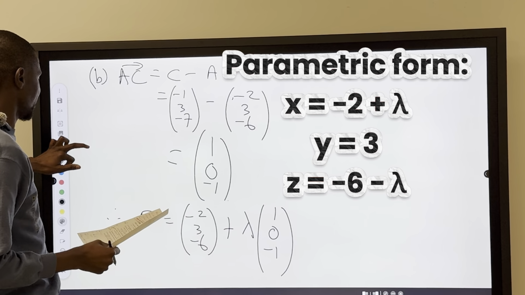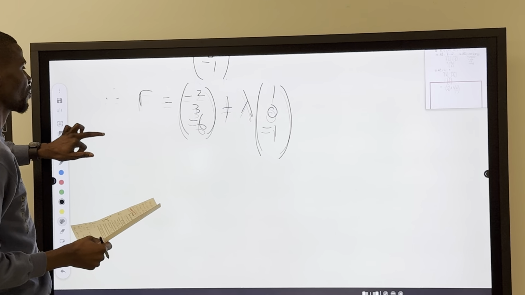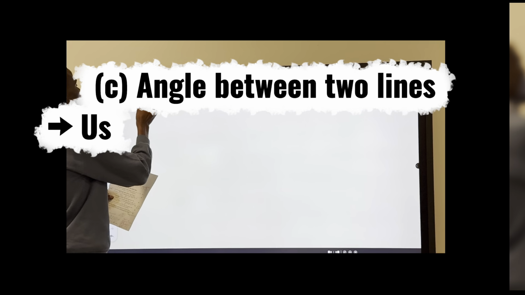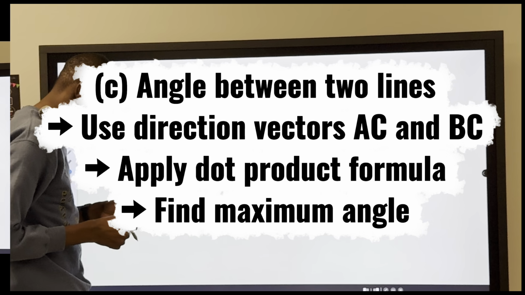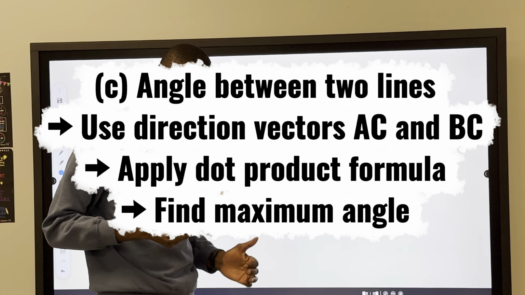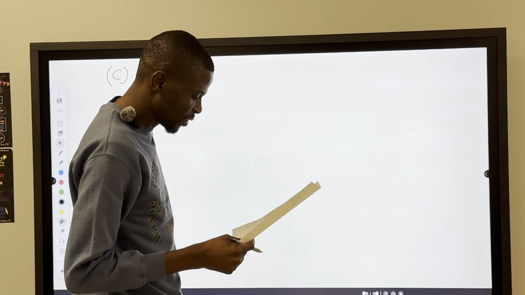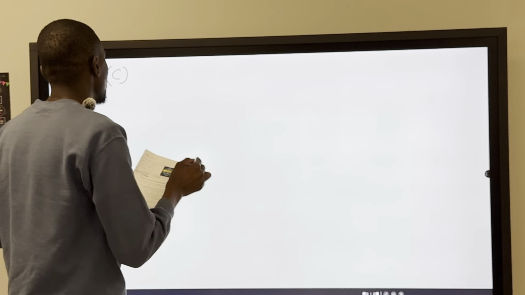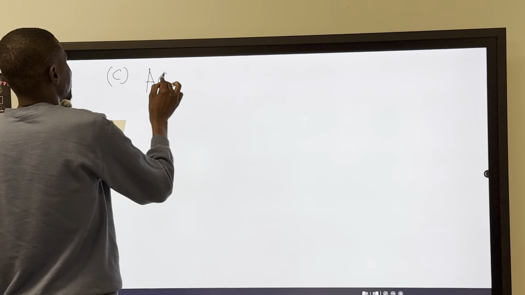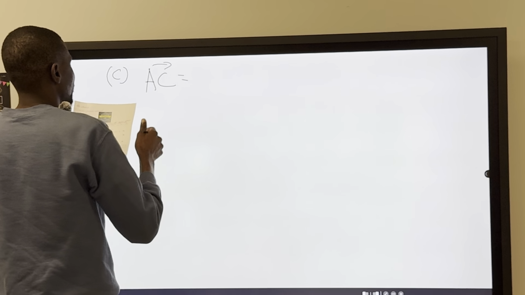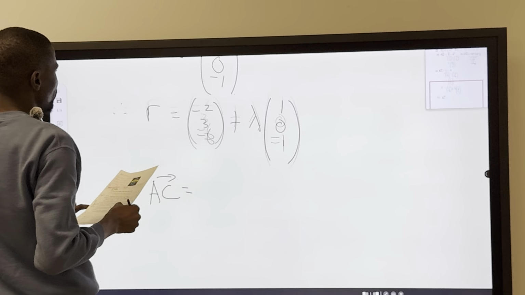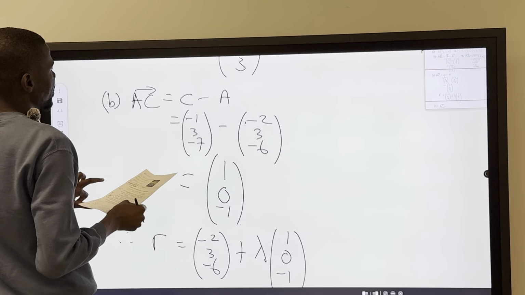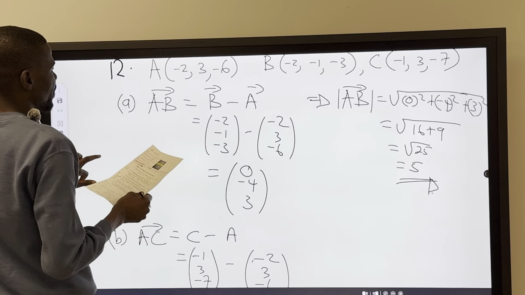Let's move on to part C. On part C, we are told that the engineer surveyed another straight line from village B to village C. A bore is to be drilled somewhere in between the surveyed lines, right? So remember, we have our vector AC, and I also have vector AB.